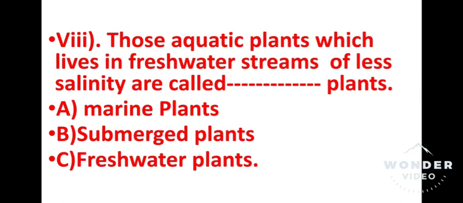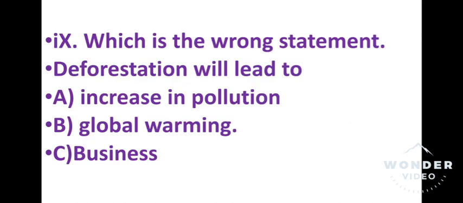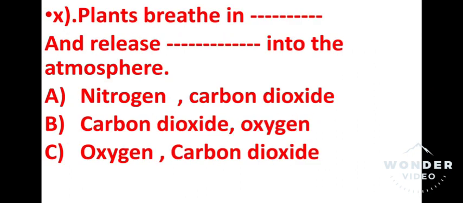Those aquatic plants which live in freshwater streams of less salinity are called dash plants. Which is the wrong statement? Deforestation will lead to increase in pollution, global warming, or business. 10th one. Plants breathe in and release dash into the atmosphere.